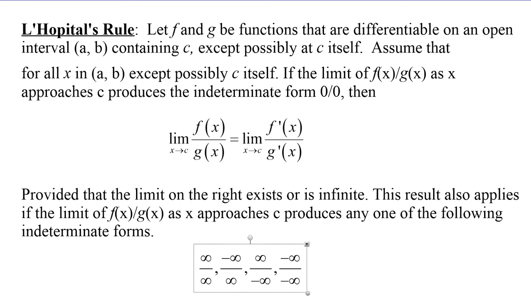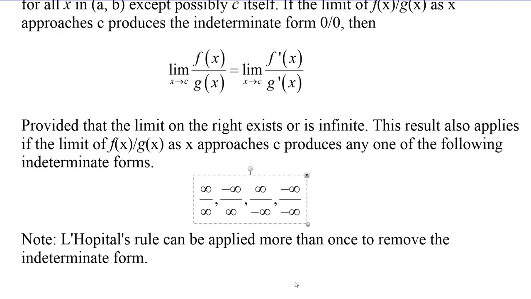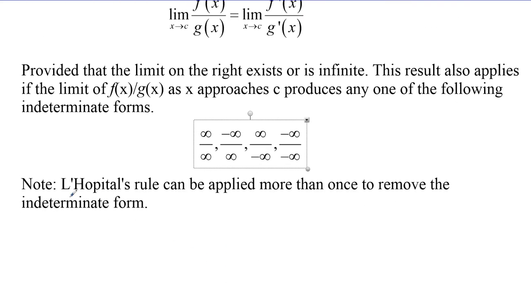This result also applies if the limit approaches infinity over infinity, negative infinity over infinity, infinity over negative infinity, and negative infinity over negative infinity. And lastly, L'Hopital's rule can be applied more than once to remove an indeterminate form.